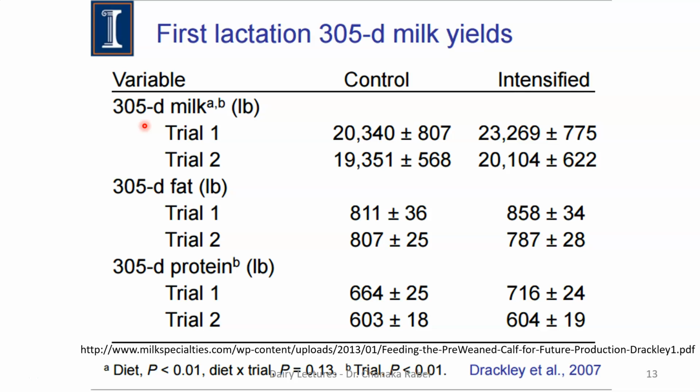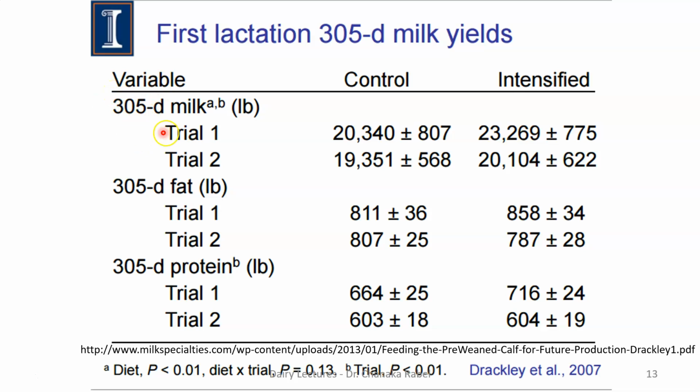So 305 is made under perfect conditions. In a 365-day calendar year, an animal should produce 305 days of milk plus 60 days of dry period, right? So that is also how this comes.